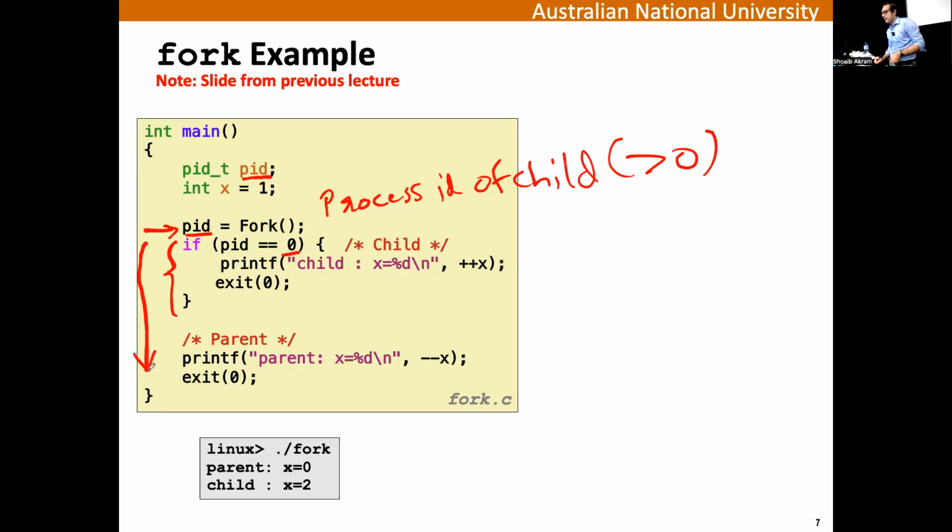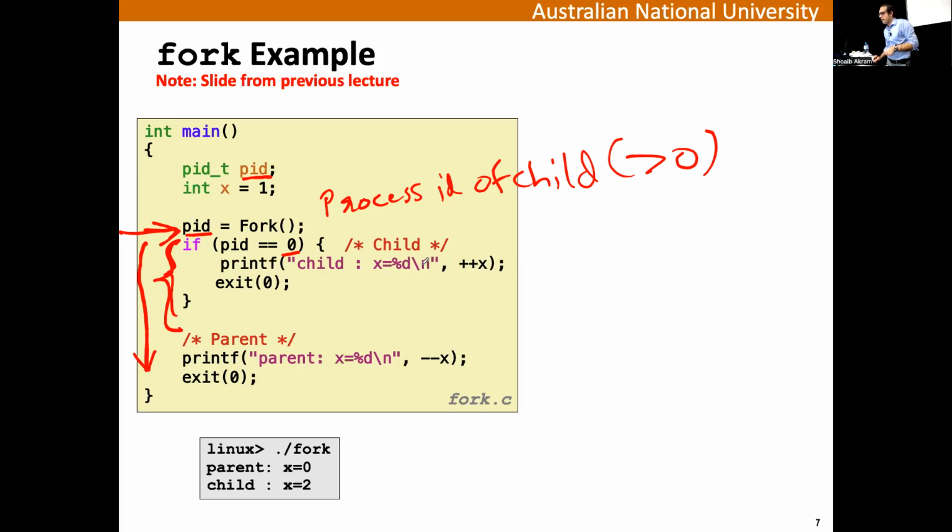You can check the PID. At this point, there is only one address space. Beyond this point, after fork, there are two address spaces. The kernel takes a carbon copy of the address space of the parent. It is copied one-to-one and given to the child. But any changes after fork are private to the parent and the child.